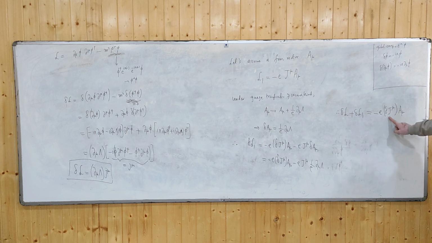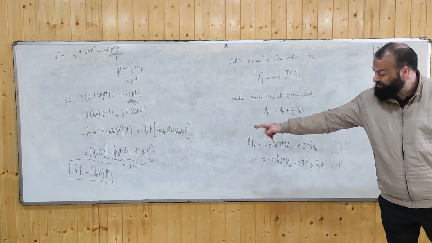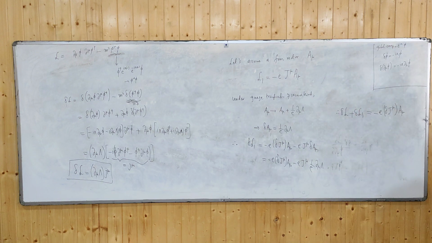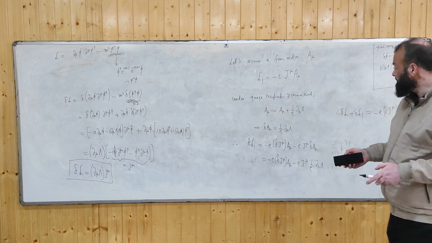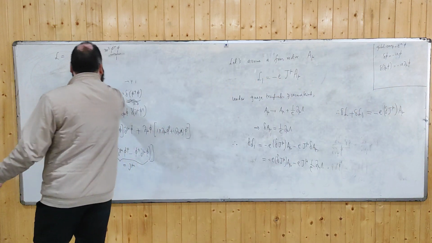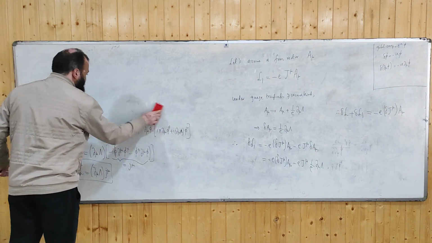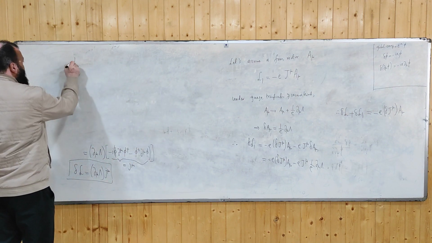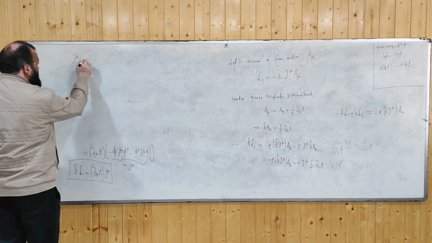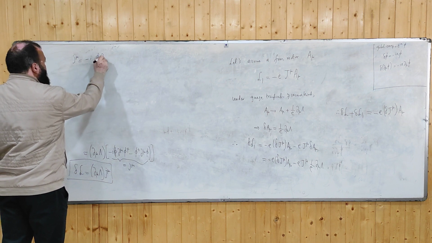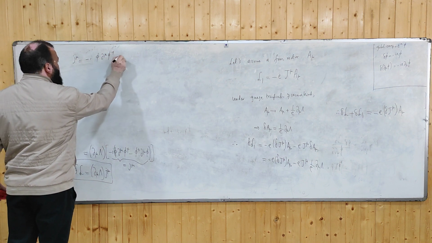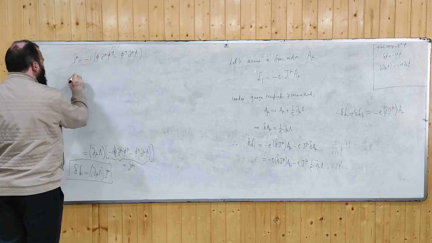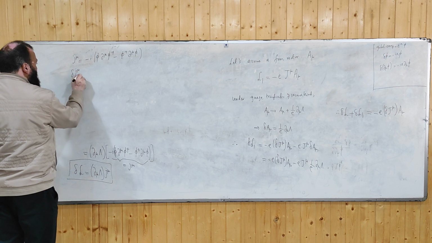Now let's look at what this delta J mu is. What is your J mu? Let me write it. J mu is equal to minus I, phi partial mu phi dagger minus phi dagger partial mu phi. Let's calculate this delta J mu. How much is that?